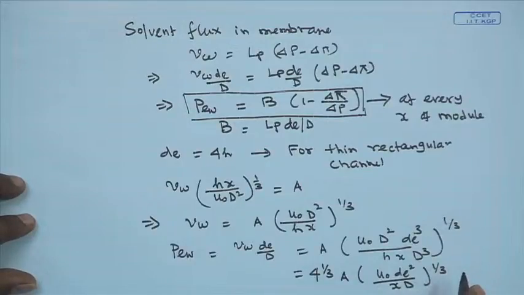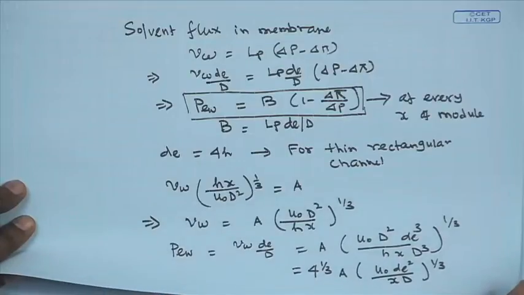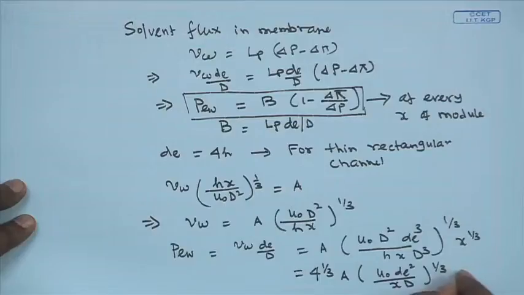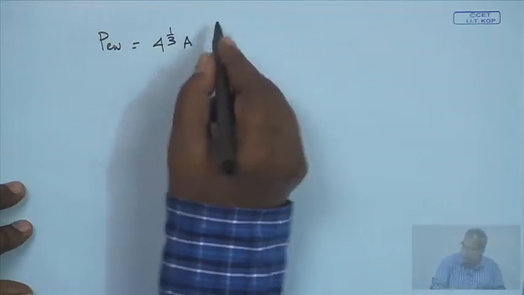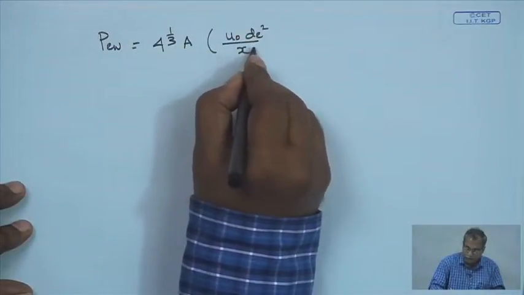Now, if you convert this into Reynolds and Schmidt number, this will be raised to the power x to the power 1 upon 3 on the other side, x to the power minus 1 upon 3. Okay. So, now let us put it in the non-dimensional form. Pw will be 4 to the power 1 upon 3 A u0 D squared by x d.